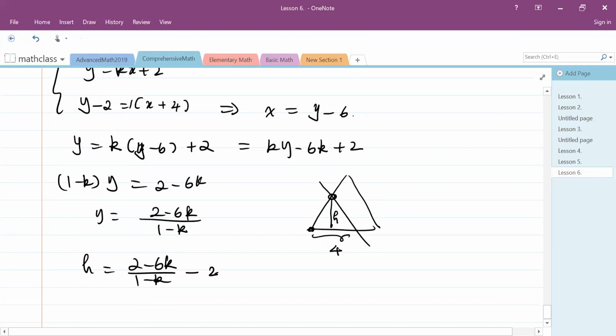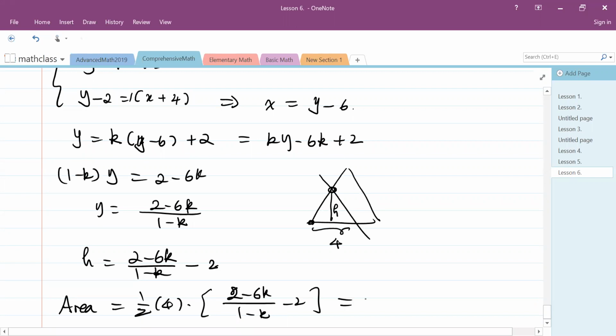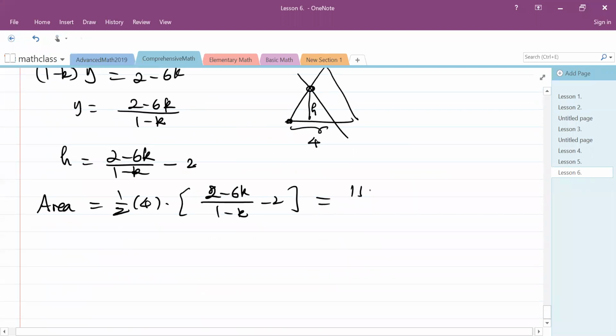So that is the height, okay? So once you get a height, you get base. So the area of the triangle is going to be half of 4 times the height, okay? And that's supposed to be half of the whole triangle. That's going to be 15 over 4. And the equation is a little bit complicated, but you can eventually solve it, okay?